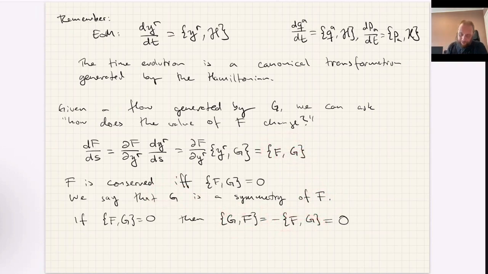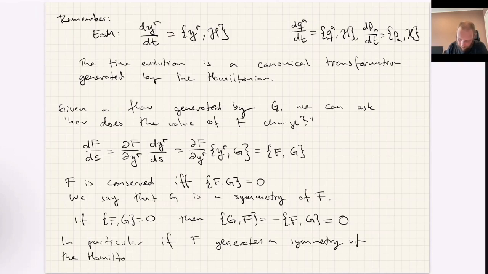So in particular, if f generates a symmetry of the Hamiltonian H, then the derivative of f with respect to time is equal to 0.